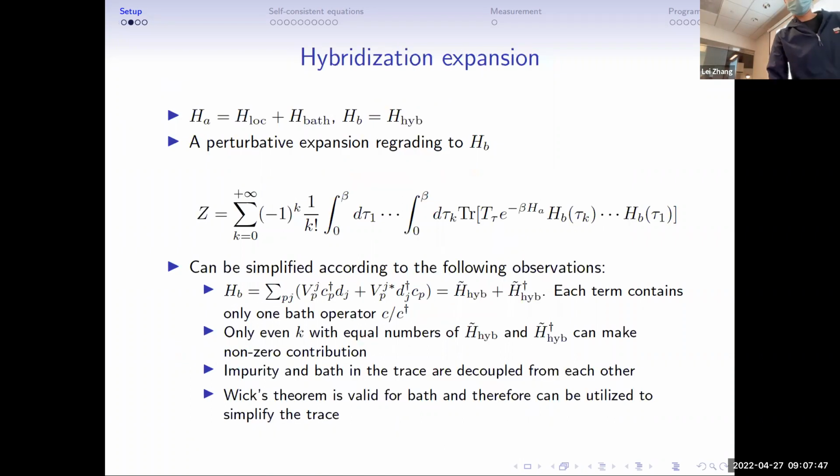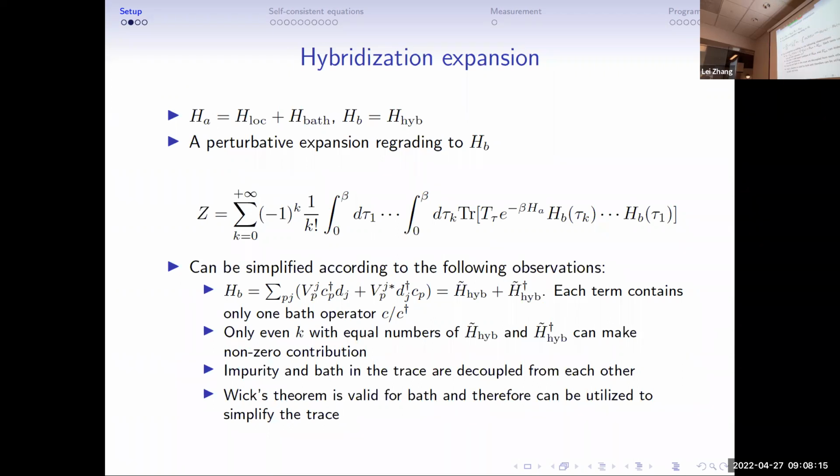Okay. Yeah, and next I want to introduce the hybridization expansion. In hybridization expansion, we treat HA, the background, as H local plus H bath, and HB equal to H hat. So in the background, there's no coupling between H local and H bath, and we do the Taylor expansion with respect to HB like this.